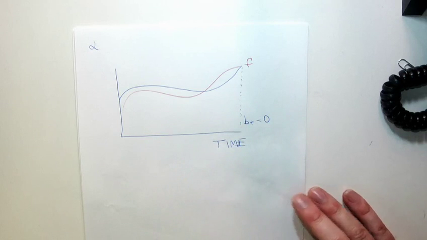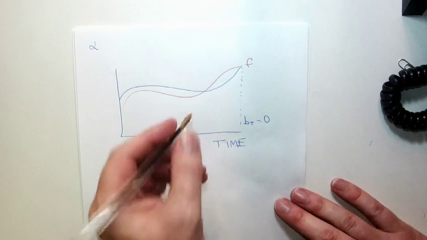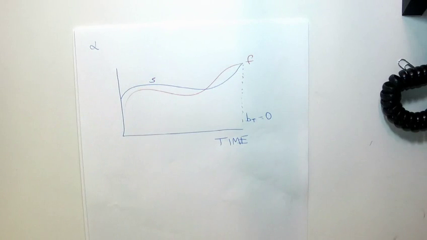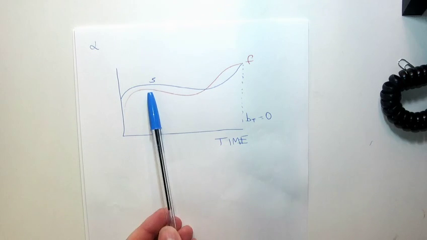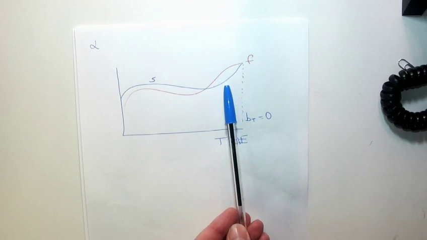Because I know, due to the law of one price, the futures price must equal the spot. However, any time before expiration, that is not necessarily the case. The spot price may be above the futures price. So we are in what? Backwardation. And sometimes the futures price may be above the spot.